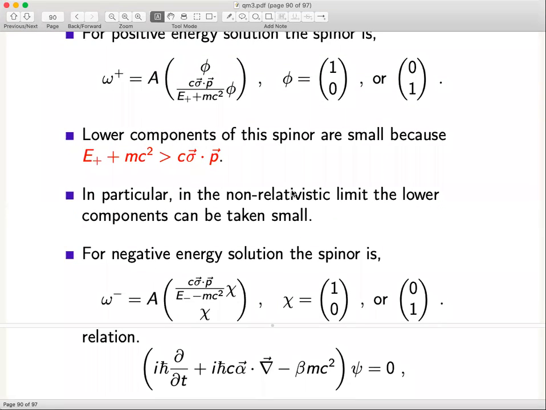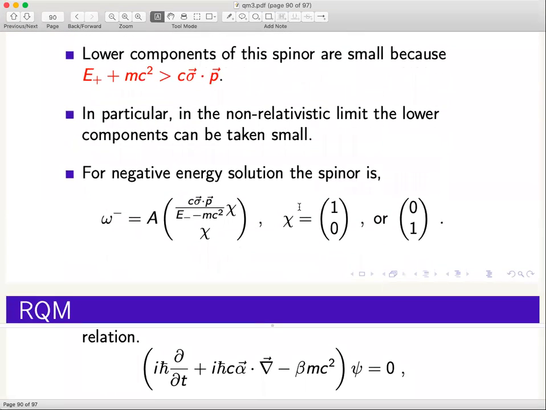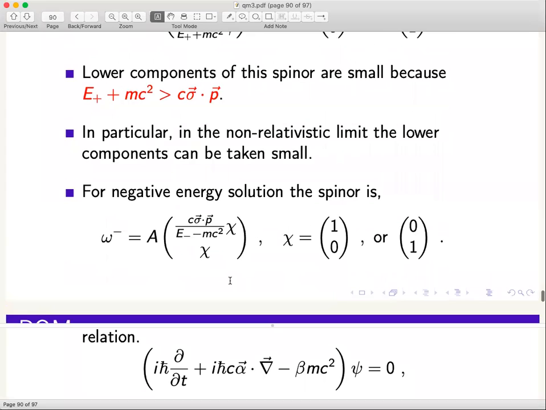Fine. If you have a negative energy solution, then the role is opposite. The chi's are (1, 0) or (0, 1), and phi is written as sigma dot p divided by E minus mc squared. The denominator E minus is of course negative, but the magnitude of this quantity is still larger than the numerator, and therefore this component is smaller than that component.